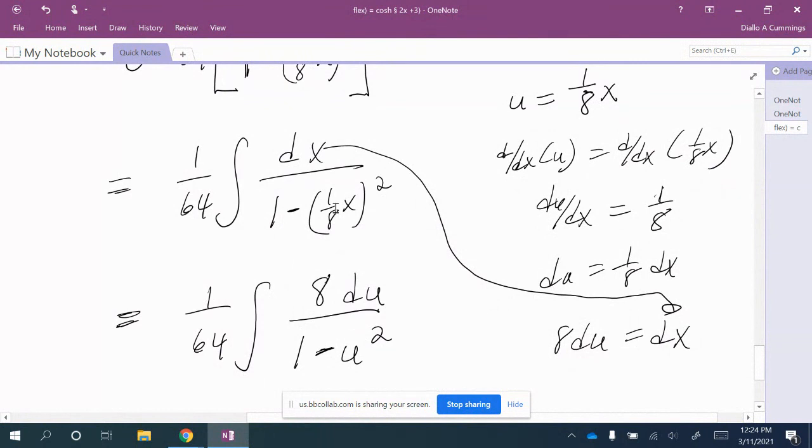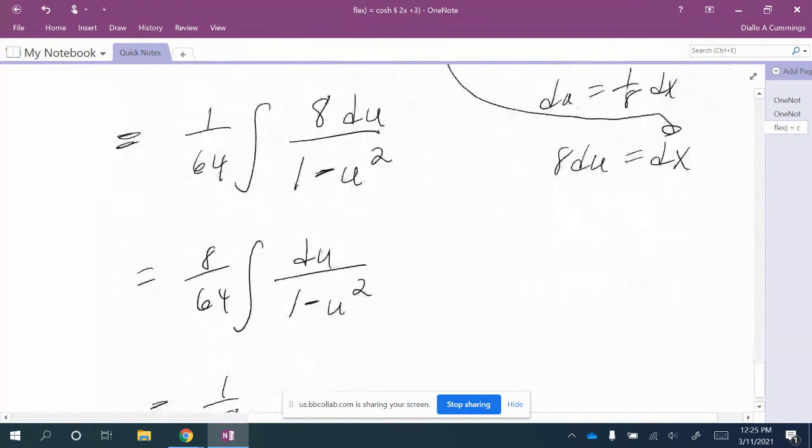In order to substitute out dx for du, I took the derivative of both sides of this substitution equation. I solved it for dx, and I had 8 du is equal to dx. So I simply substituted dx for 8 du, and now I have everything in terms of u.